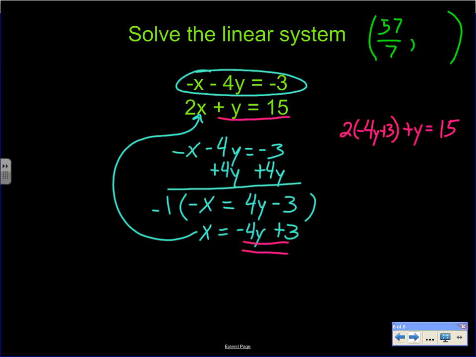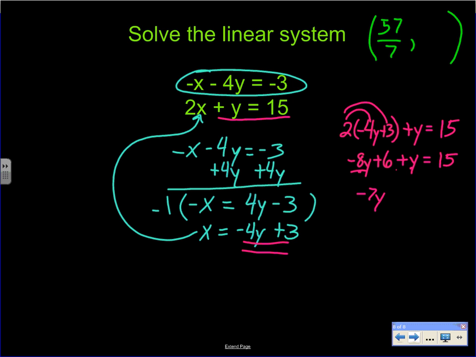So now let's go ahead and work this out. 2 times negative 4y, negative 8y. 2 times 3, 6. Drop down your y and your 15. So now we have negative 8y and positive y. Negative 8y plus y is negative 7y.